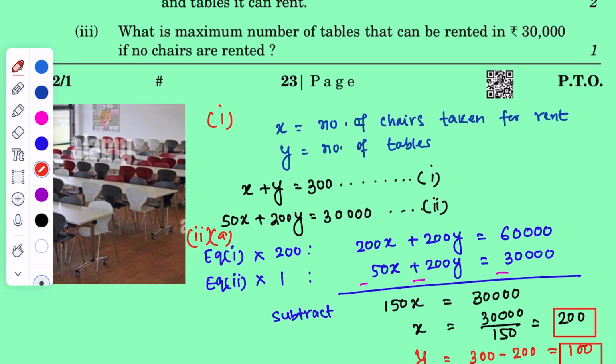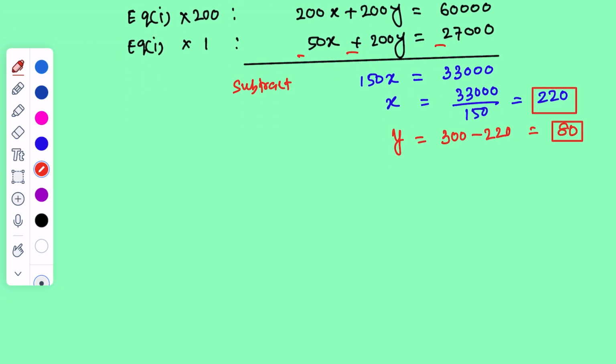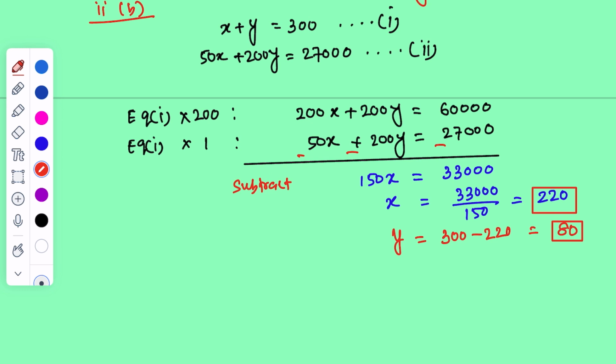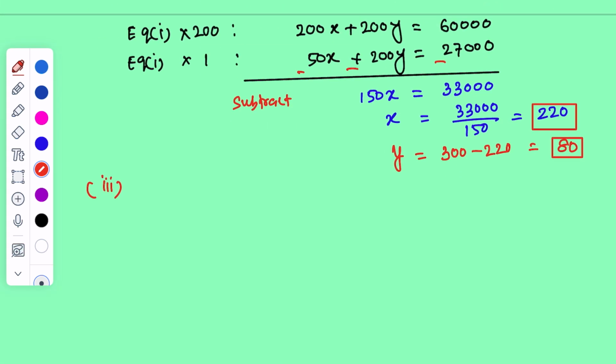Now the third part: what is the maximum number of tables that can be rented for 30,000 rupees if no chairs are rented? This is a simple equation. One table is rented for 200 rupees.